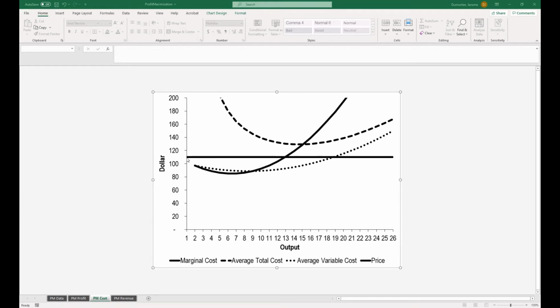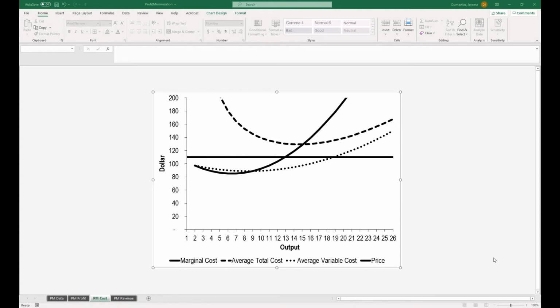Note that in the case of the price being at $110, our profit maximizing output is around 11 or 12 units. You can see that the marginal cost intersects the price at around those 11 to 12 units. But also note that now we have the average total cost being above the price in that range.